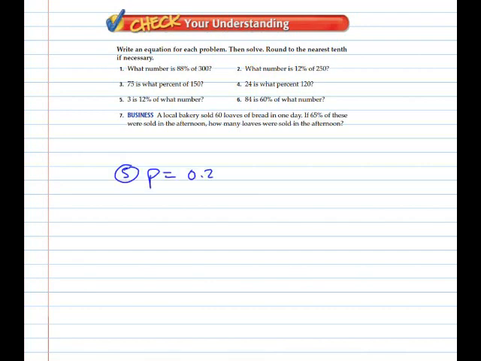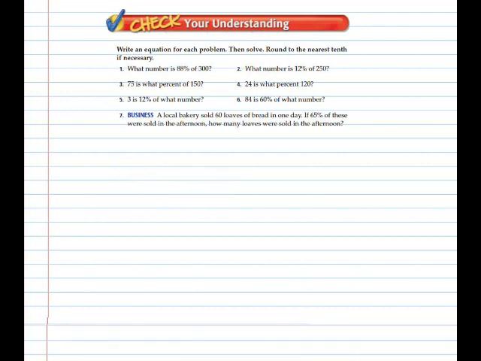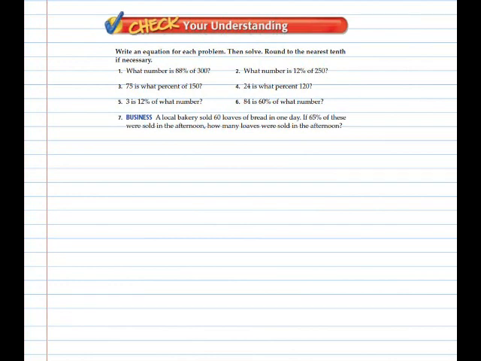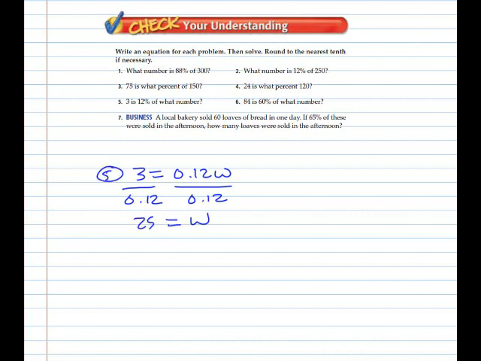So number 5, 3 is 12% of what number? 3 equals 0.12 W. We divide both sides of our equation by 0.12. W equals 25.